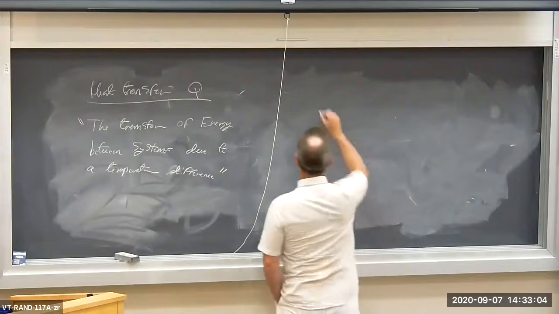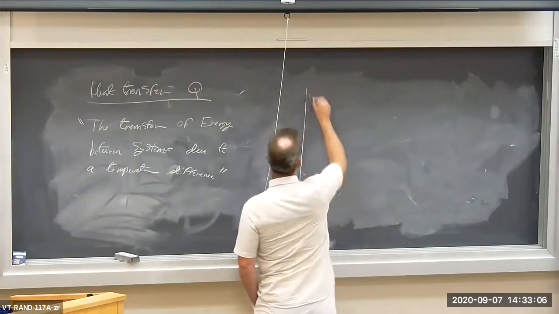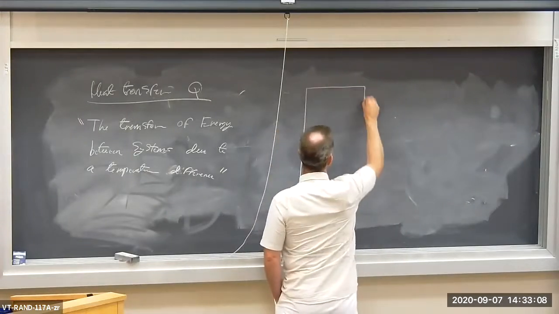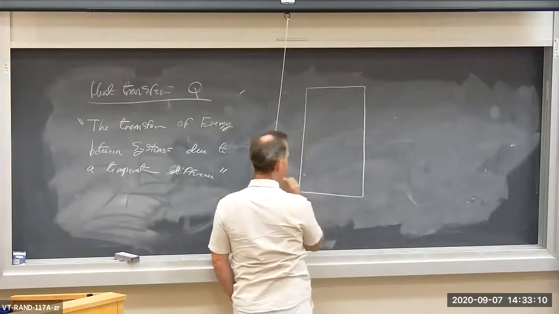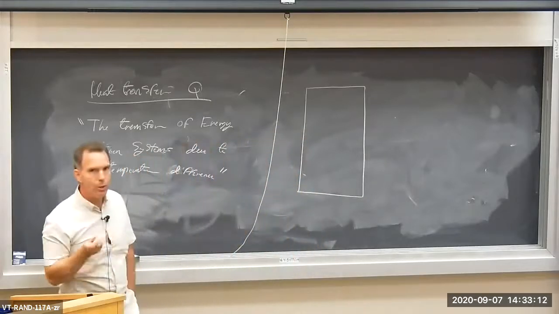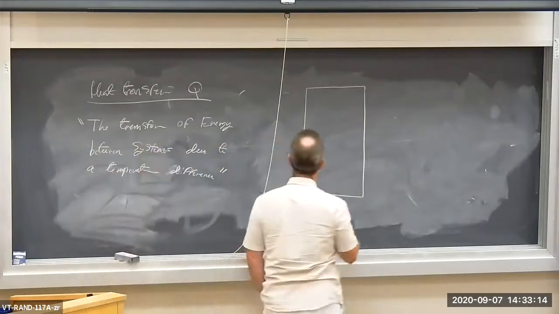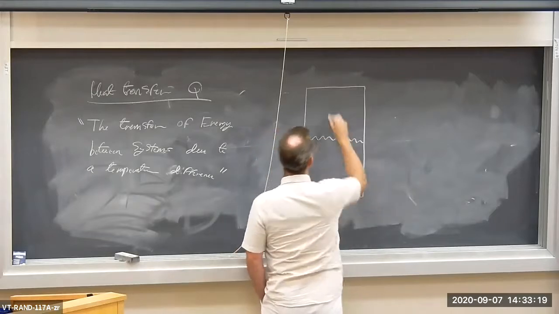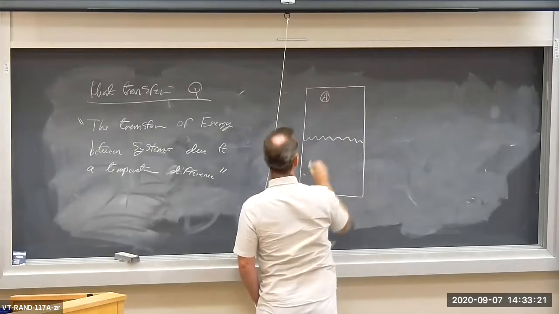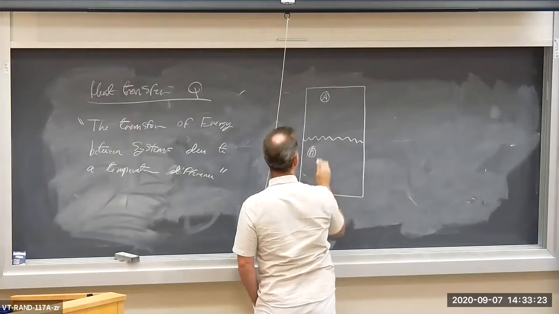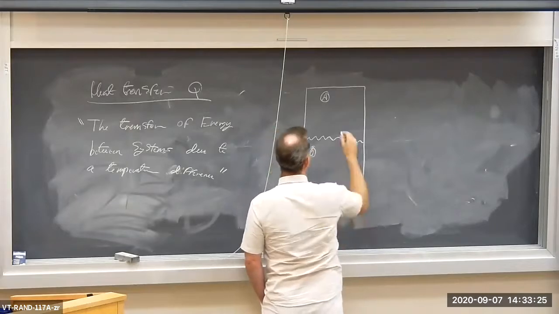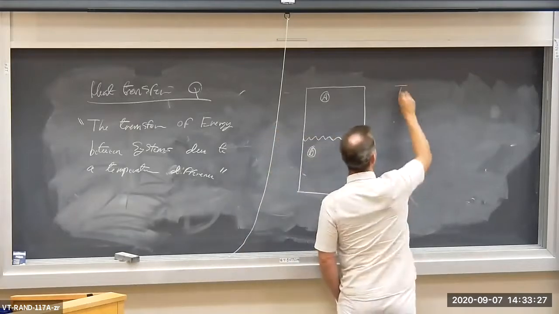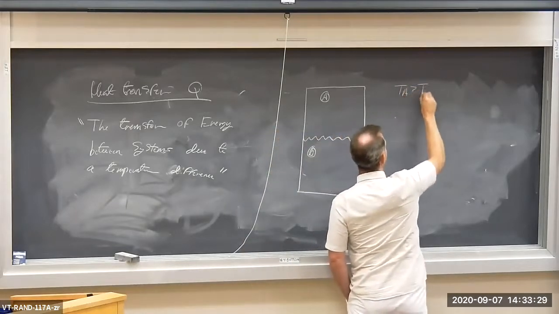So let's say I have two bars. On the first day of lecture, we introduced the concept of heat transfer involving two bars that were in contact. Remember that from the first lecture? So we have bar A and bar B, and let's say TA is greater than TB.